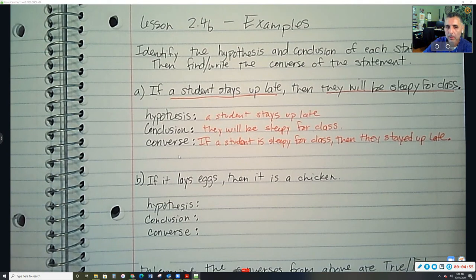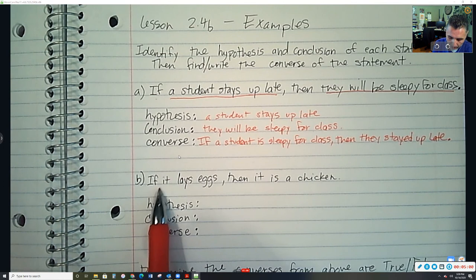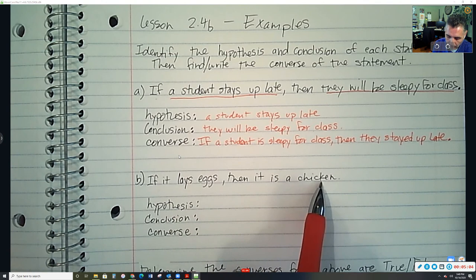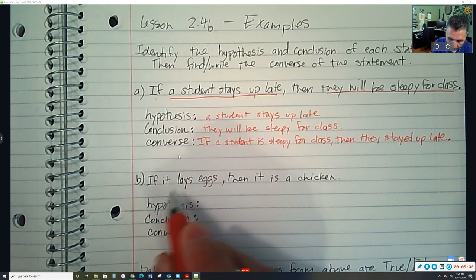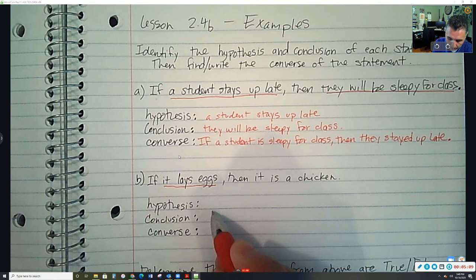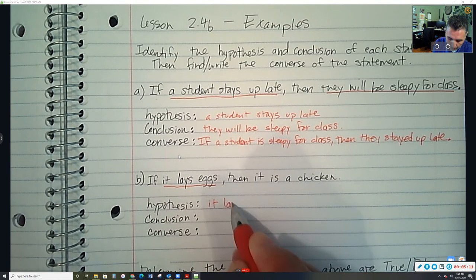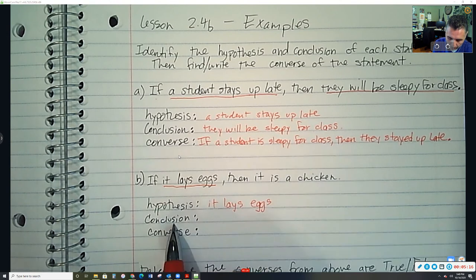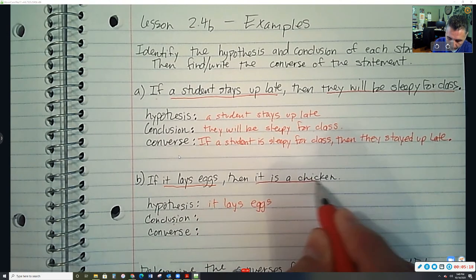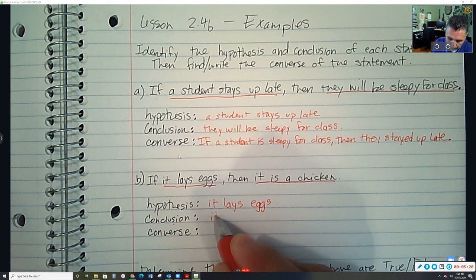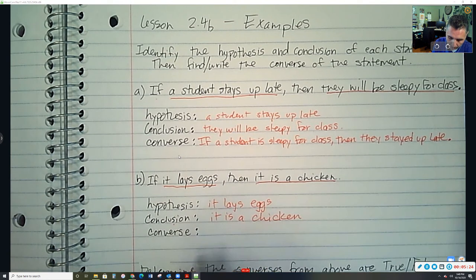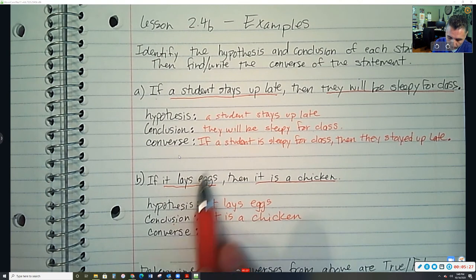So that was a long statement. Here's a little bit shorter one. The conditional statement says, if it lays eggs, then it is a chicken. So the hypothesis again is everything after if: it lays eggs. And the conclusion is everything after then: it is a chicken. And the converse is when you switch these two.